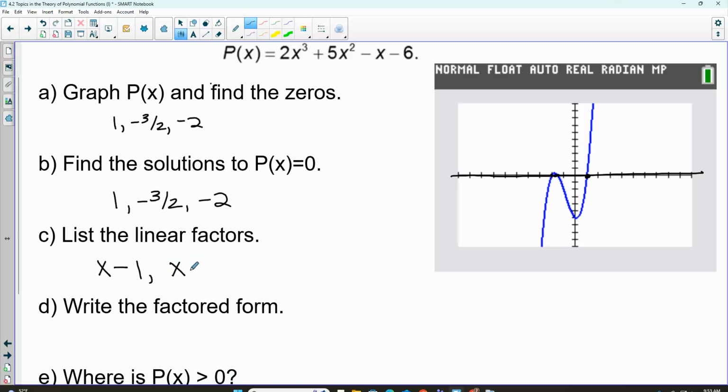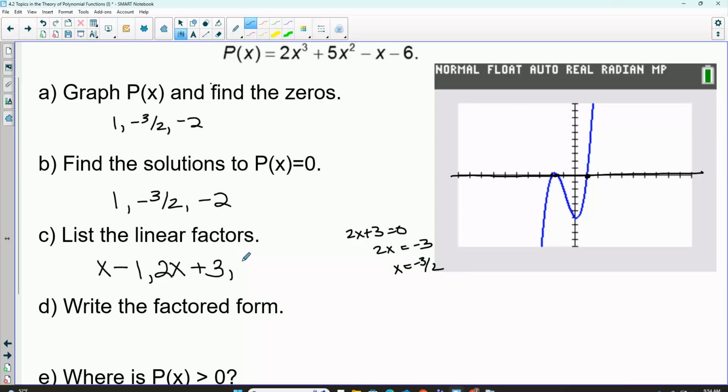So we would have x, would it be plus or minus? Plus 3/2, except we don't want it in fraction form, so think of it as slip and slide. You're going to slide the denominator in front of the x. So 2x plus 3. And you can see if you set that equal to 0, you get the -3/2. So we get the same thing.